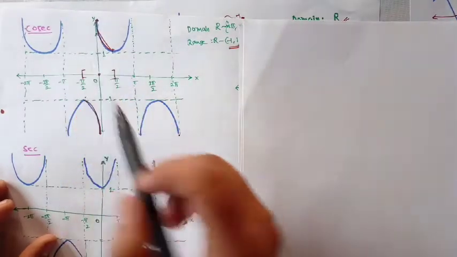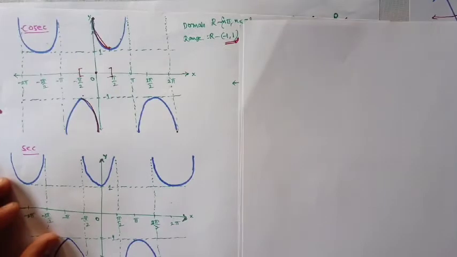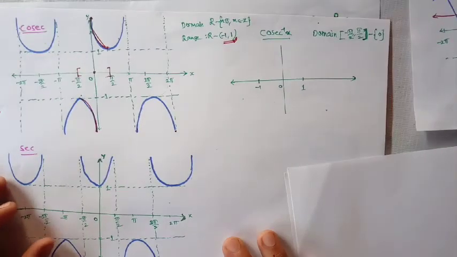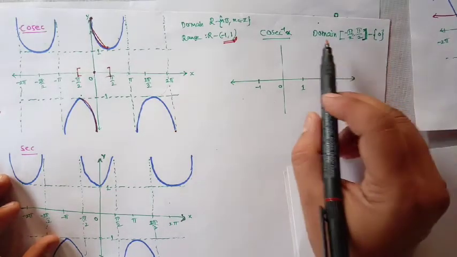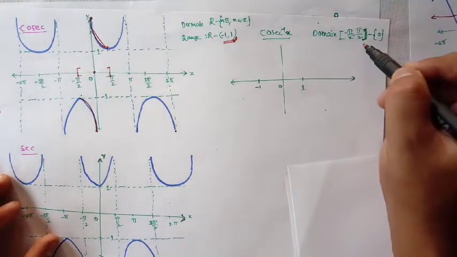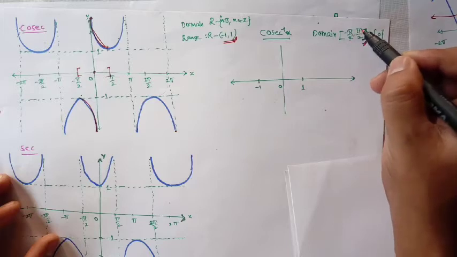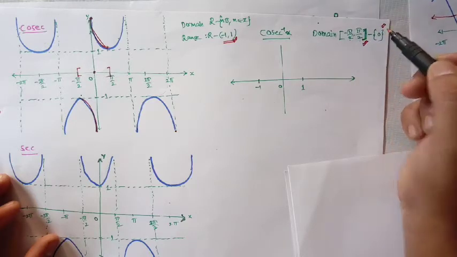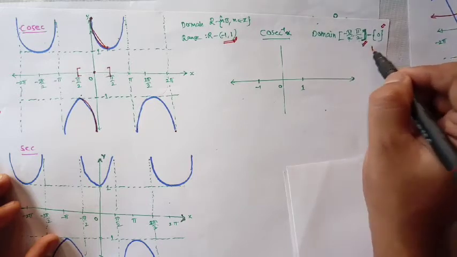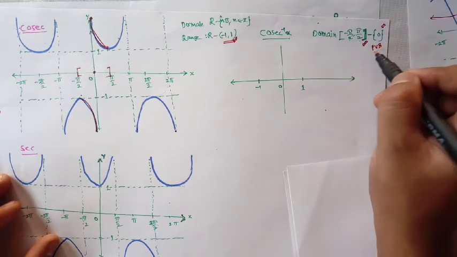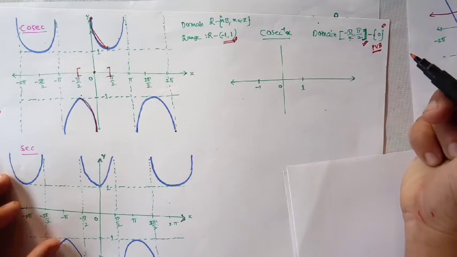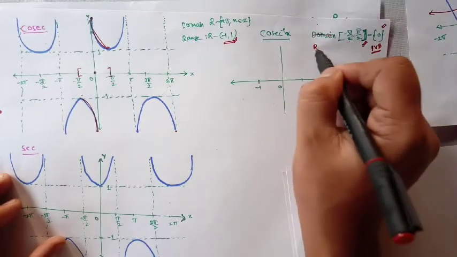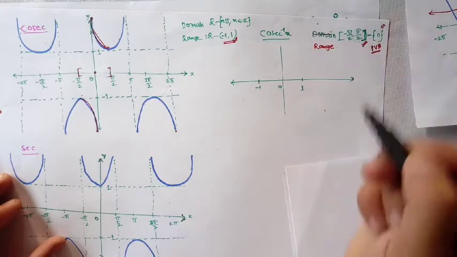Okay, and coming to the next, cosec inverse will be understood here. The domain is going to be minus pi by 2 to plus pi by 2 excepting 0, because it is not defined at 0, and that generally is the principal value branch, and this is considered as the range actually.